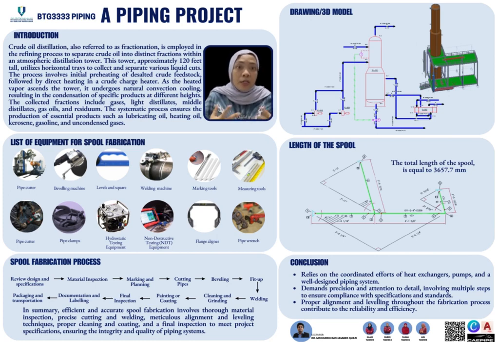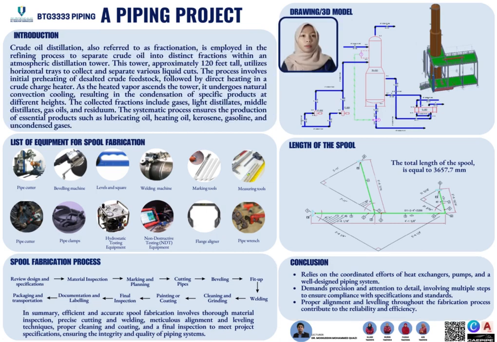Vapors enter each tray, bubbling through the liquids, leading to condensation at the trays. An overflow pipe drains condensed liquids back to the tray below, where higher temperatures cause re-evaporation. In essence, our project employs this crude oil distillation process to refine oil into valuable products efficiently and precisely.